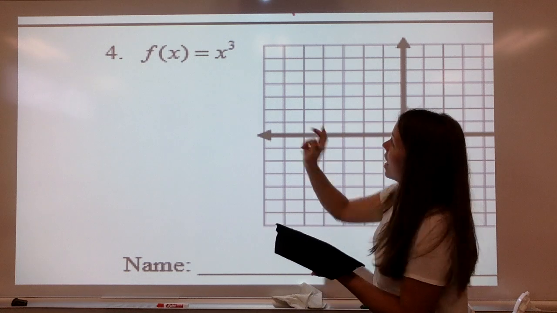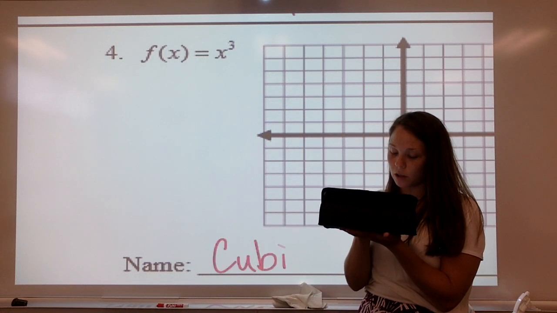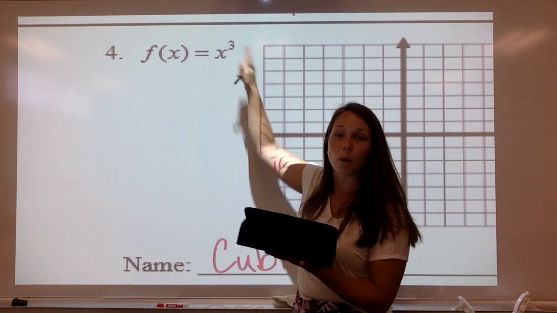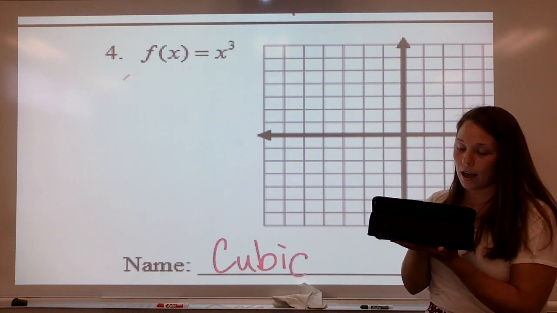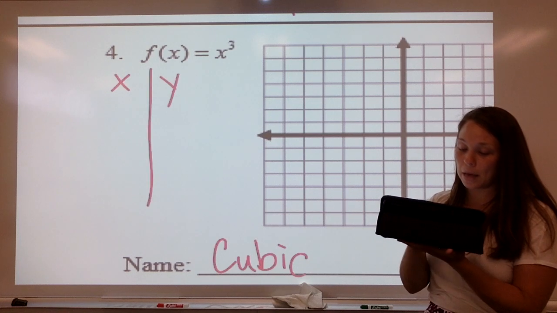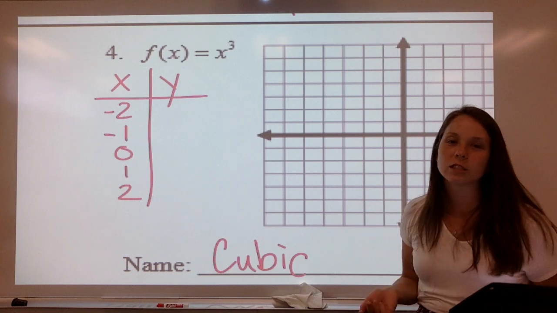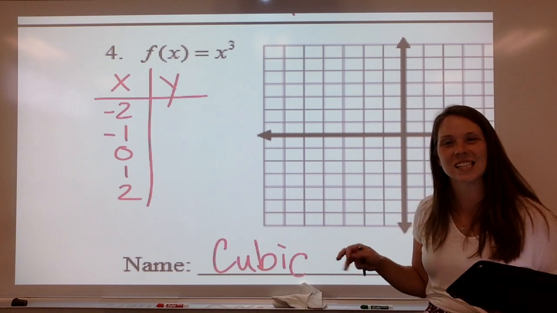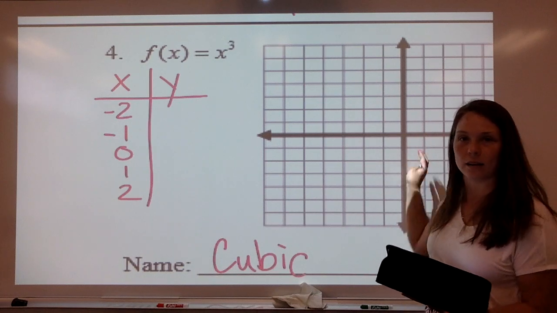All right, next, f of x equals x cubed. I like this one because its name goes along with the exponent. It is cubic. And I use the same x values just about for all of these, especially just to stay consistent, so it's easy to see how the shapes of them change within the same grid.